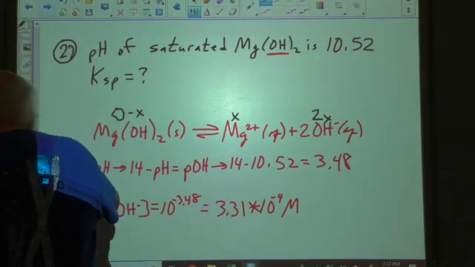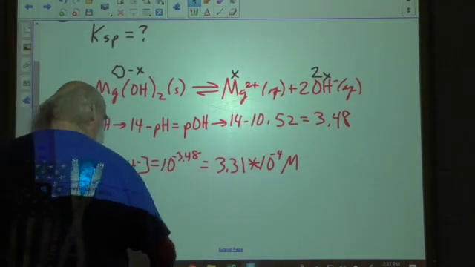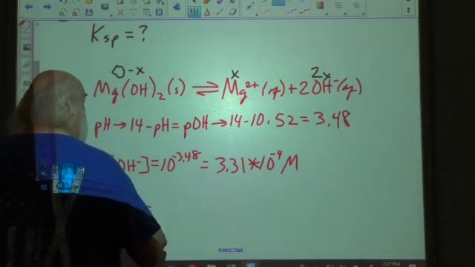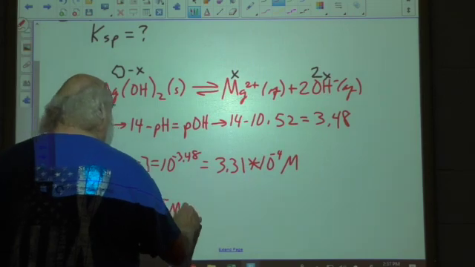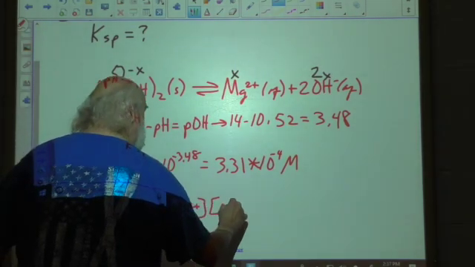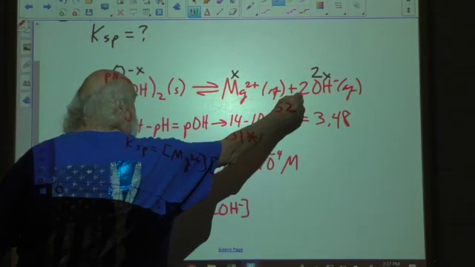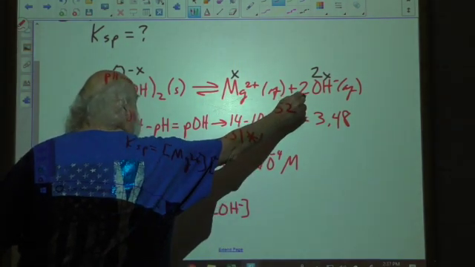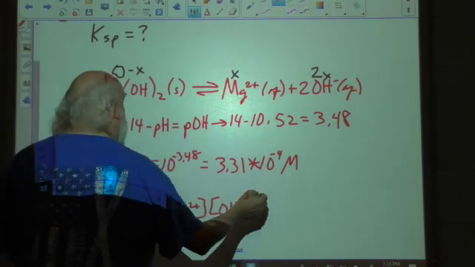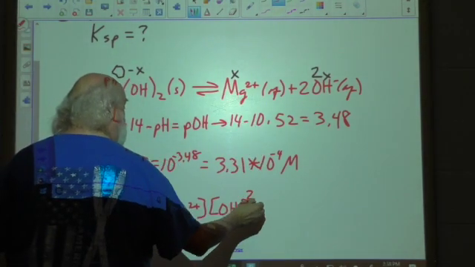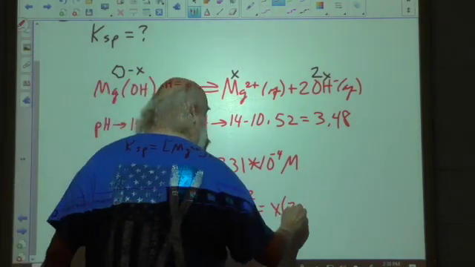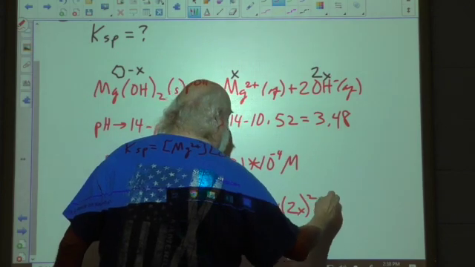So the Ksp for this is equal to the concentration of magnesium 2 positive times the concentration of OH negative, and because of that coefficient of 2, it's going to make that a square right there. And we know that this is going to be X times 2X quantity squared equals 4X cubed.